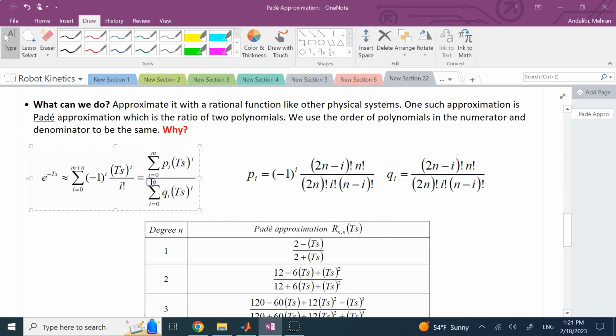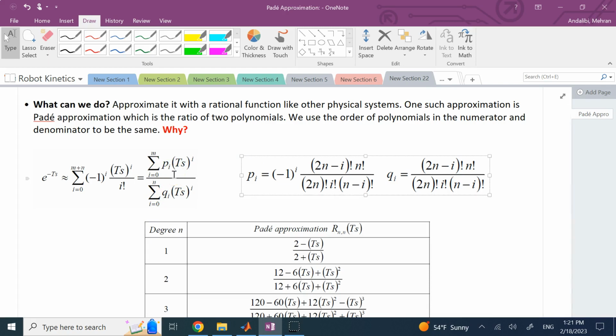Now, in general, the Padé approximation is what you can see here. Two summations, two polynomial terms, one in numerator, one in denominator. And the important thing is to find these coefficients P and Q, okay? P and Q, the coefficients of the polynomials in numerator and denominator. If you find them, that's it. That's all your Padé approximation.